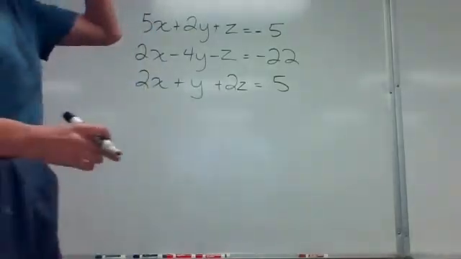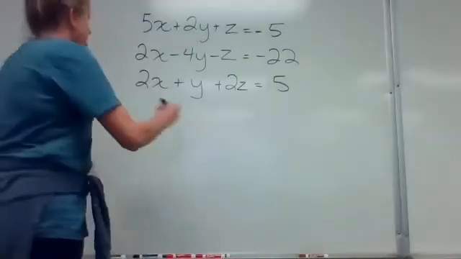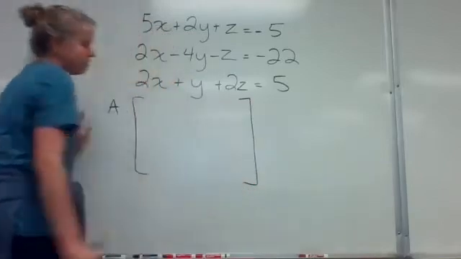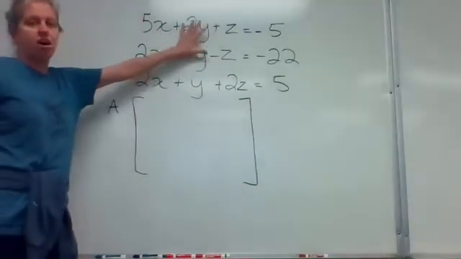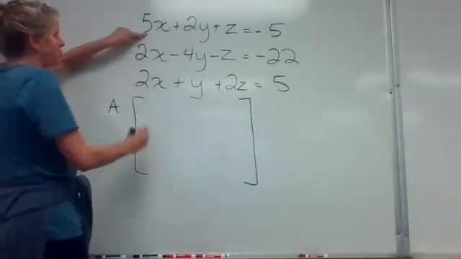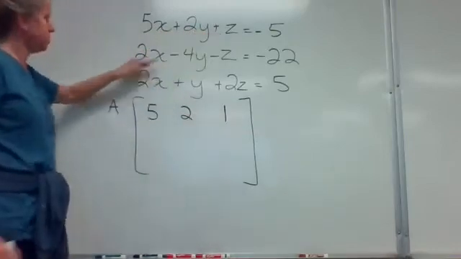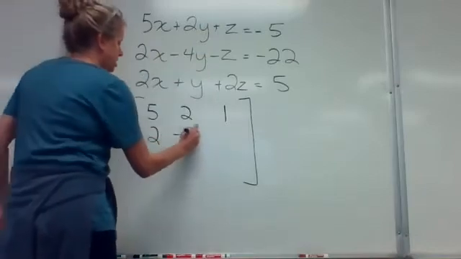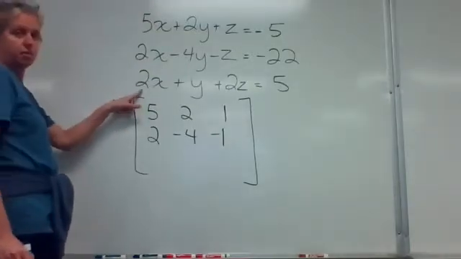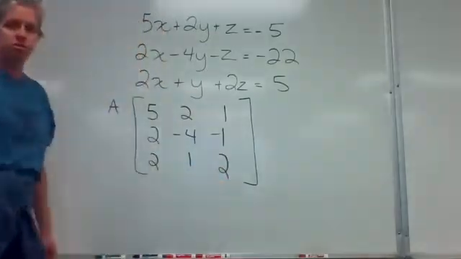Okay, we solve these kind of problems in our matrix function in our calculator. Okay, you're going to make matrix A from the coefficients of the terms that are on the left side of the equal signs. So the top row will be 5, 2, 1. The middle row will be 2, -4, -1. The bottom row will be 2, 1, 2.